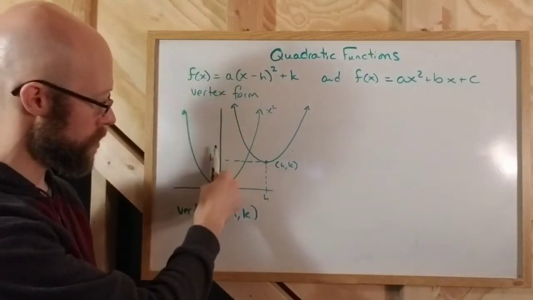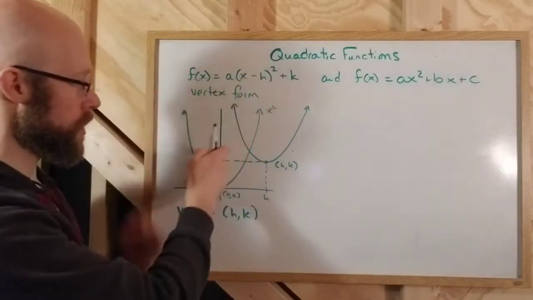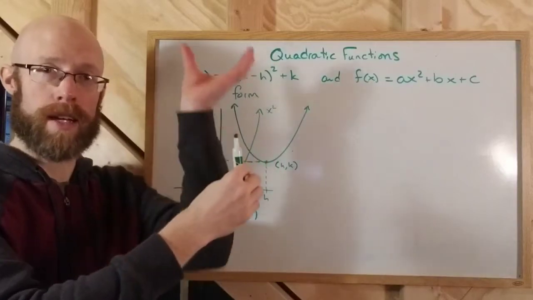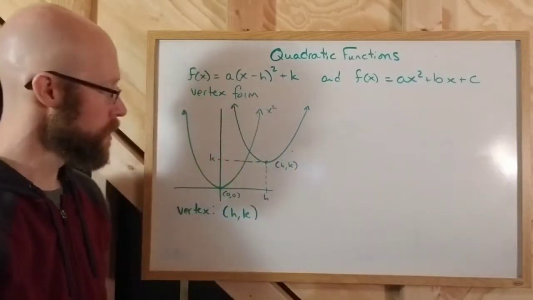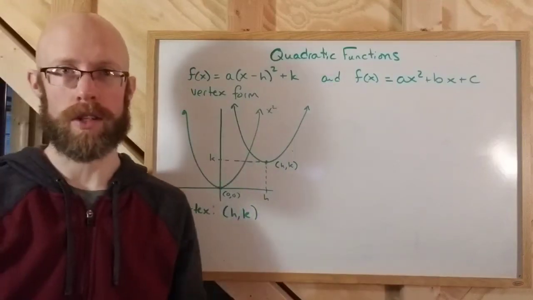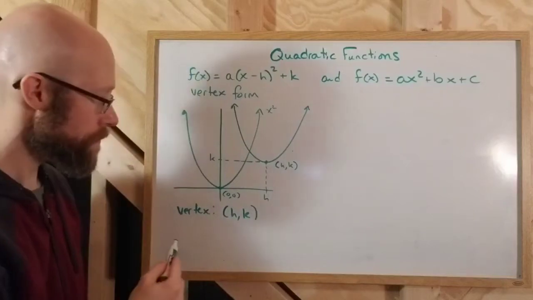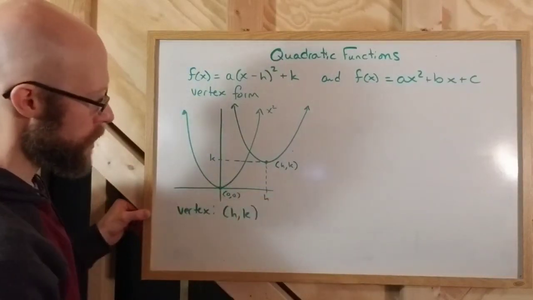So it starts at 0 and moves over to h. Now if you shift the graph vertically, the axis of symmetry stays right where it is. The axis doesn't move if you shift vertically, only if you shift horizontally. Also, a reflection isn't going to change the axis of symmetry. So the axis of symmetry changes based upon the h value.